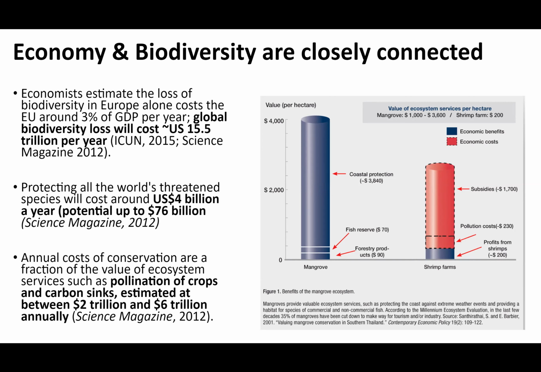But when we're thinking about biodiversity, protecting biodiversity and keeping ecosystems intact is extremely valuable, right? And I think this $15.5 trillion per year by 2050 really hammers home that point. Again, biodiversity is so valuable.